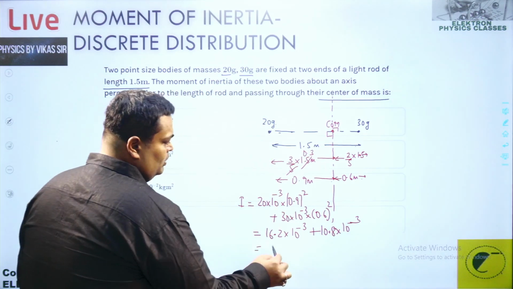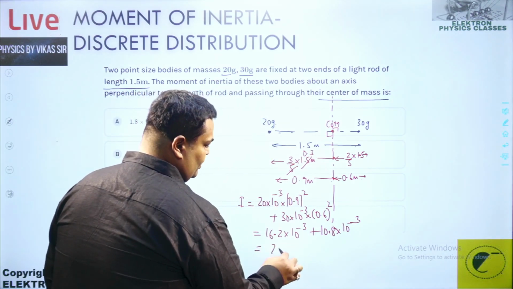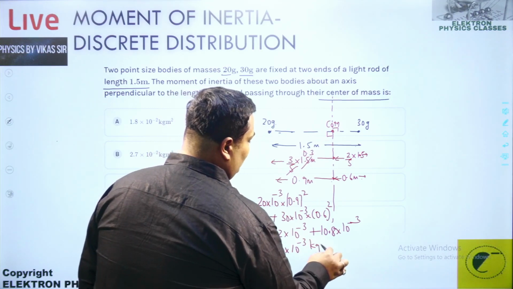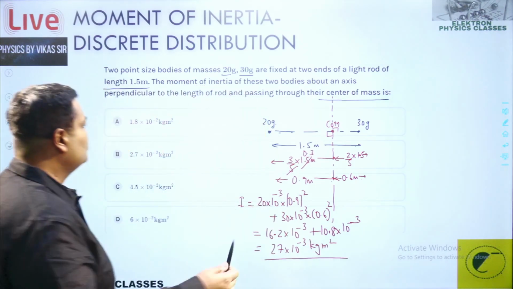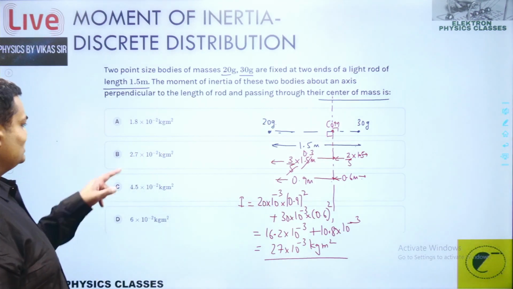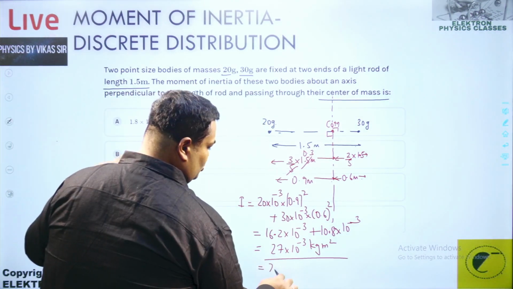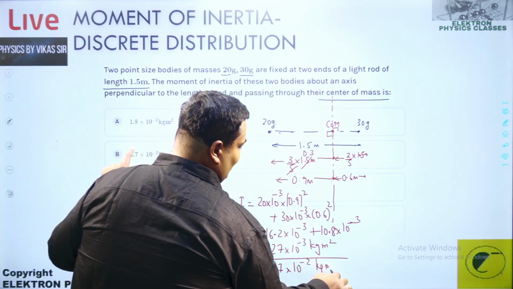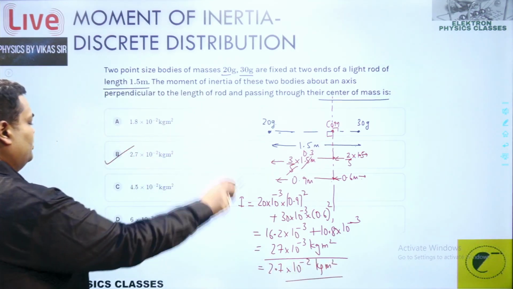We add them, we get 27 into 10 power minus 3 kilogram meter square. That's a simple mr square, kilogram meter square. Do we have somewhere an answer? It can be written as 2.7 into 10 power minus 2 kilogram meter square, and so that beautifully fits option B.